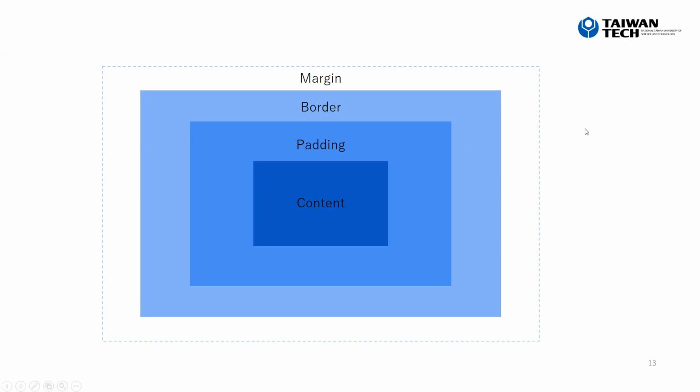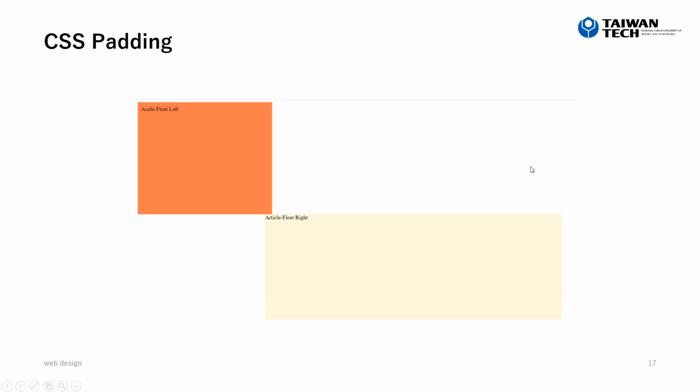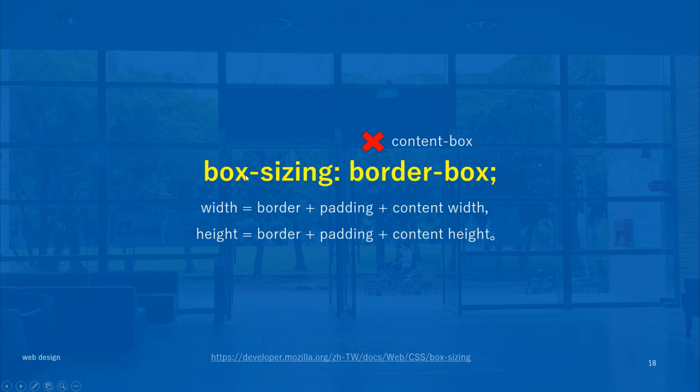Okay. So this is the difference between content box and border box. Okay. So traditionally, box sizing is content box, and now we need to change it to border box. So we can really easily add border and add padding in our division. Okay.